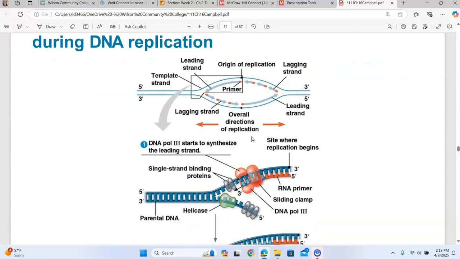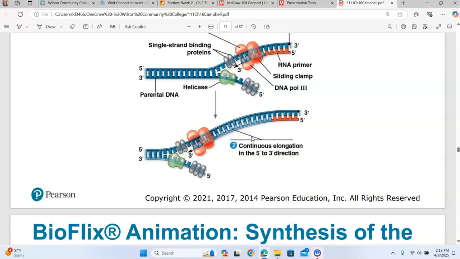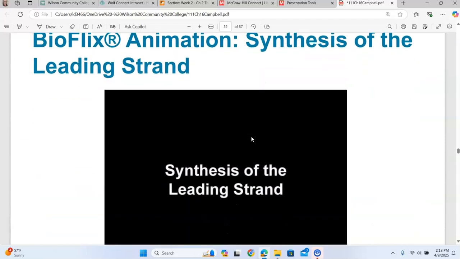So there's a leading strand that's replicated continuously, and a lagging strand that's replicated in fragments and sealed together by the enzyme called ligase.